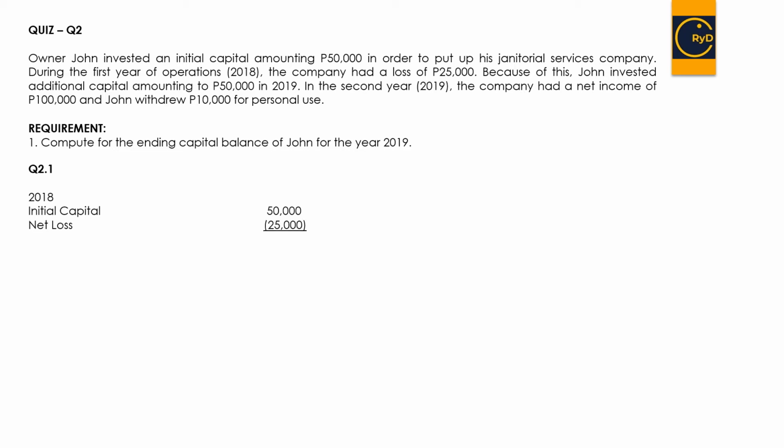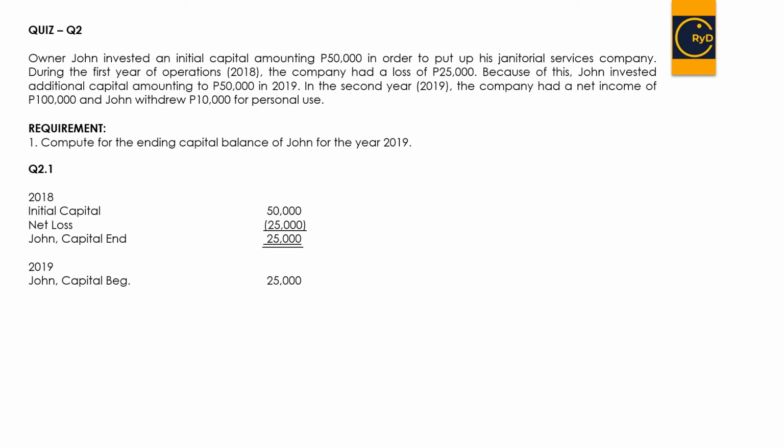And then we deduct the net loss of 25,000. Then we arrive at John's capital end in the year 2018 at 25,000. So this one, John's capital end in 2018 is his capital beginning in the year 2019.